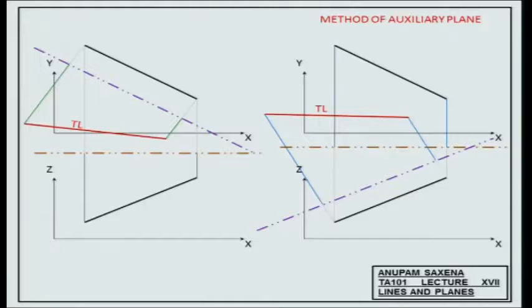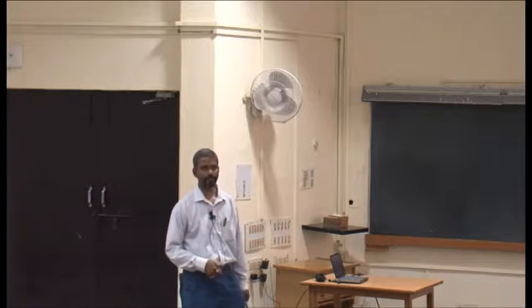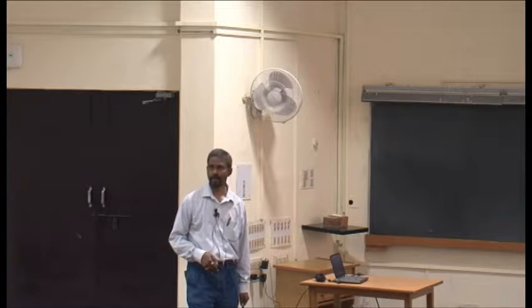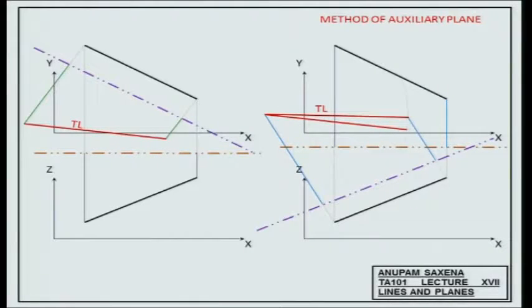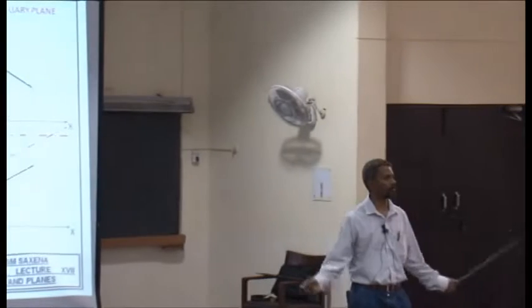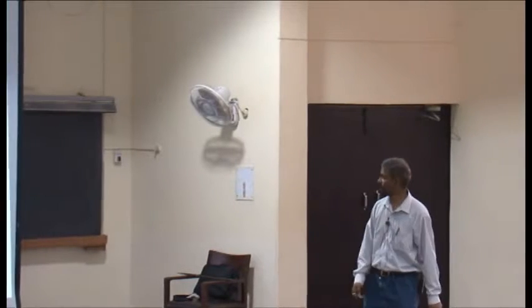Just in case you are not convinced, if I transfer this line over there and draw an arc, this confirms it. So whether you use the top view or the front view, draw the auxiliary plane from there, get the true length, it will be the same. So far with me? Okay.